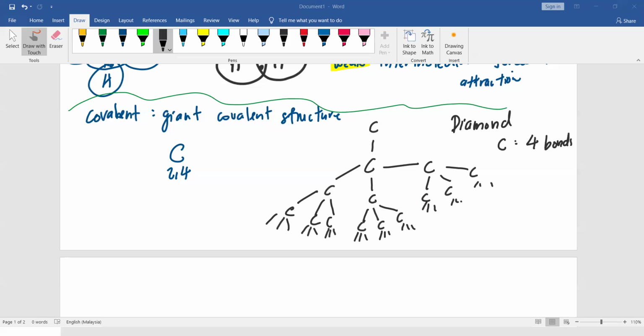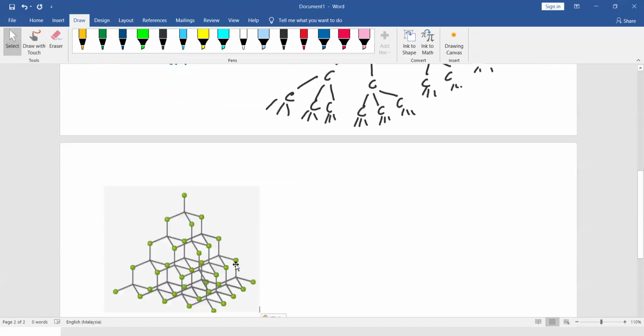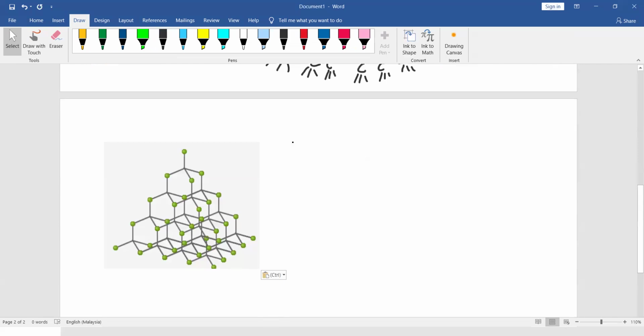I'm not going to draw so much. It goes on and on like this. And millions of these make one diamond. So, is the covalent bond very, very strong? Yes. Does it have many strong covalent bonds? Yes. So therefore, this is called a giant covalent structure.